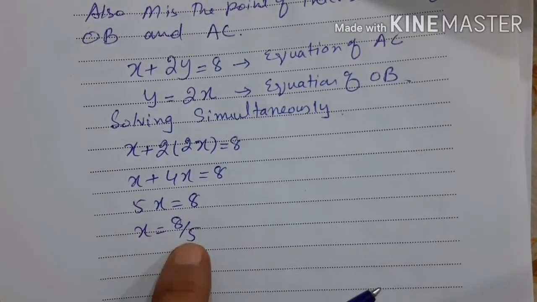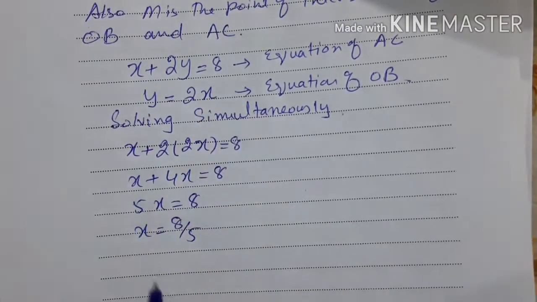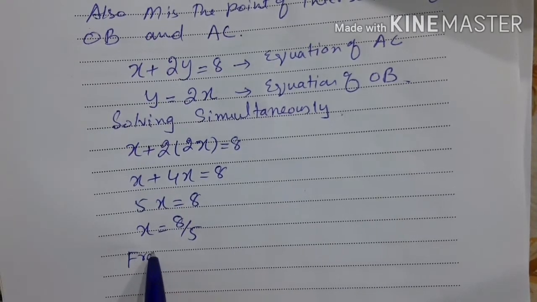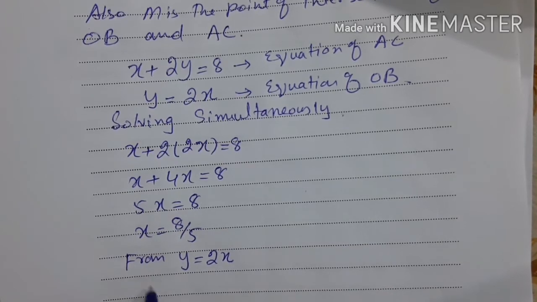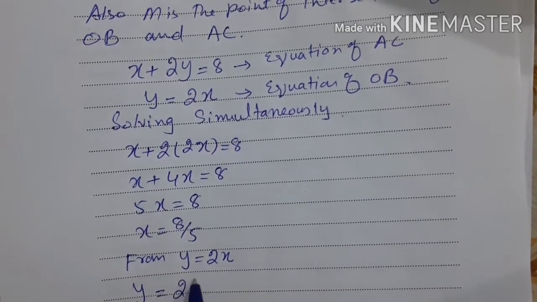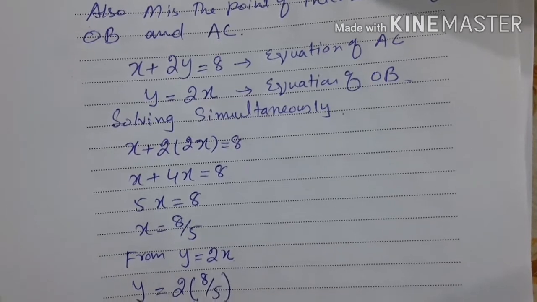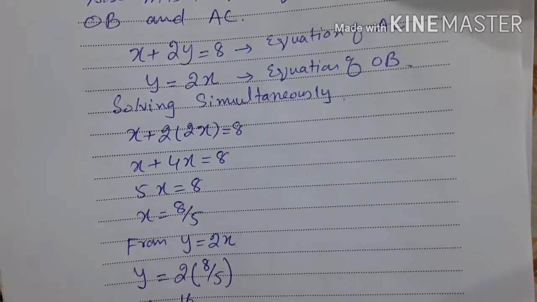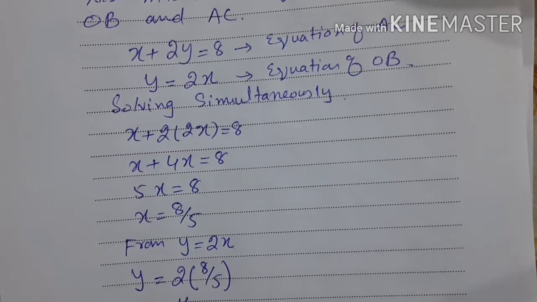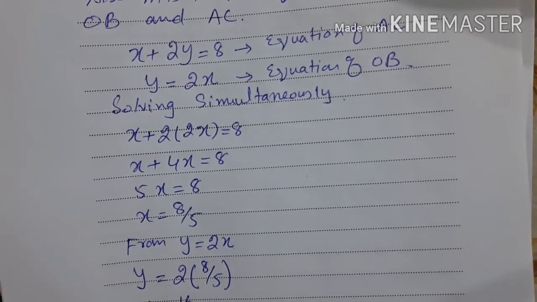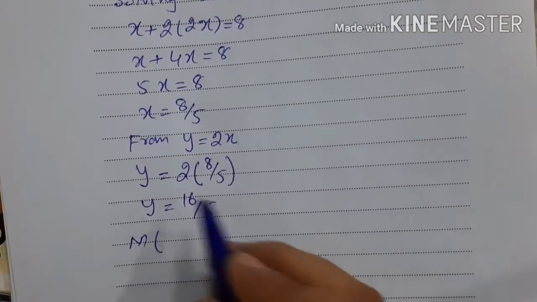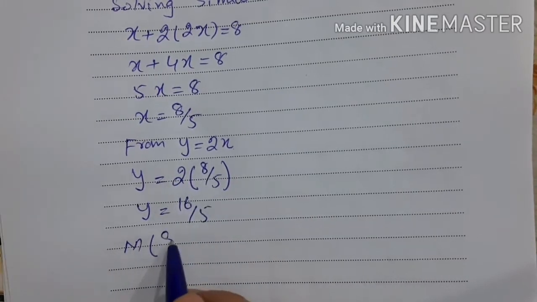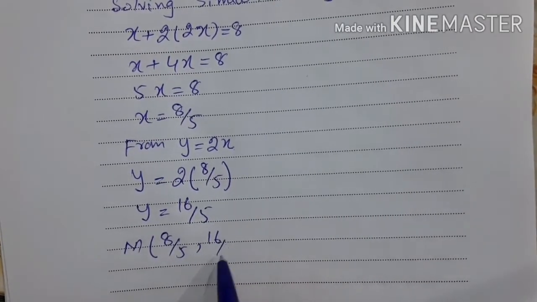Okay, now I'll put this value of x in y is equal to 2x. y is equal to 2 into the value of x, which is 8 over 5. So y is equal to 16 over 5. So these are the coordinates of M as well, which are 8 over 5 and 16 over 5.